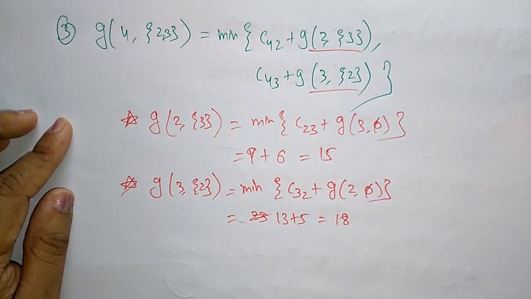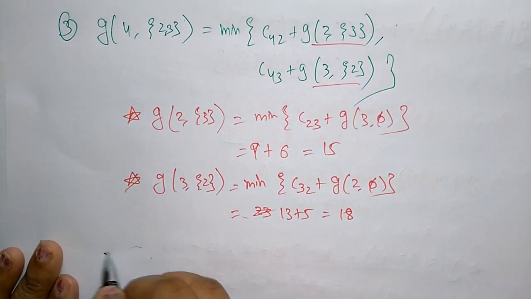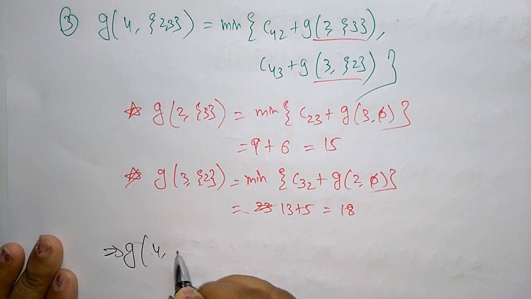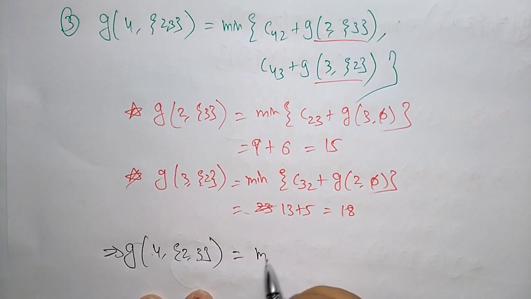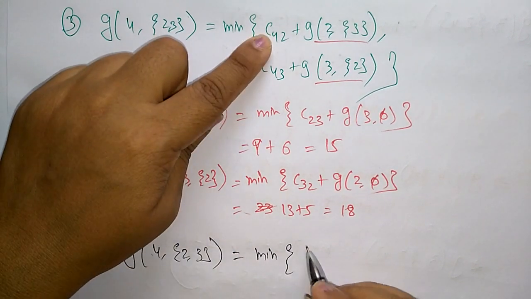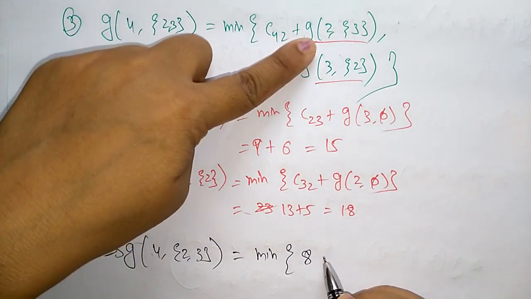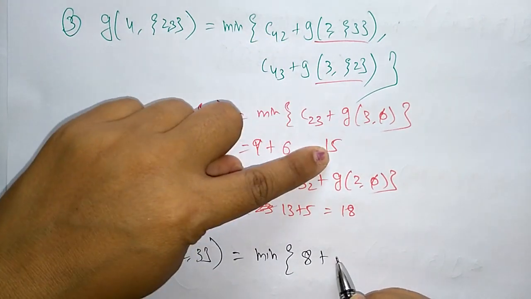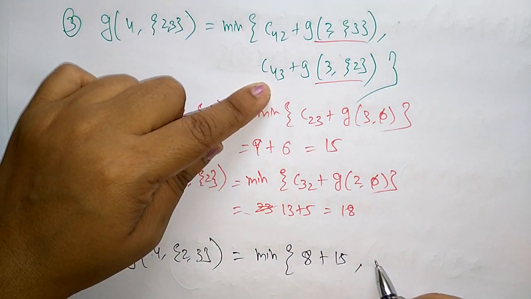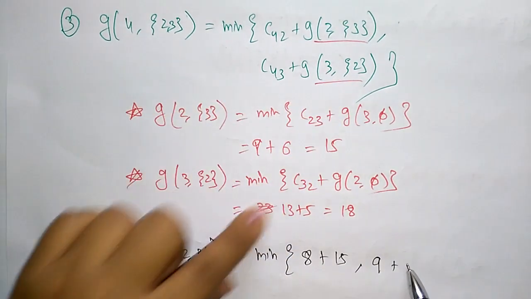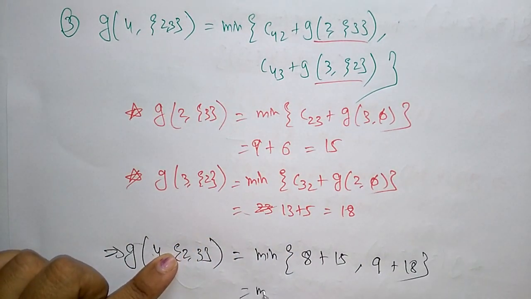Now substitute these values here. For the fourth one, g of 4 comma 2 3, we get the minimum of C42, which is 8, plus g23, which is 15, and C43, which is 9, plus g32, which is 18. The minimum of 23 and 27 is 23.